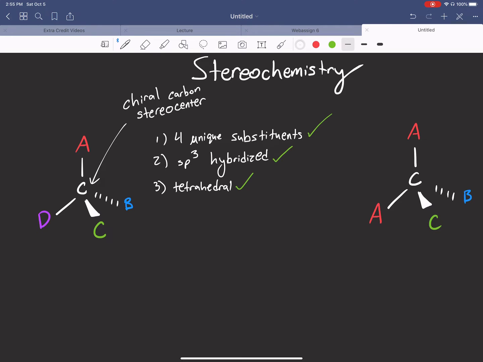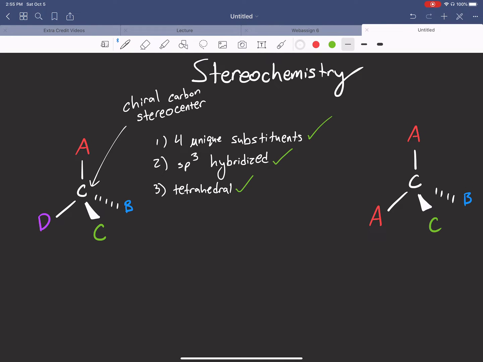Double bonds, the carbons there are sp2 hybridized, they're not tetrahedral, and therefore they don't have four unique substituents. Yet we can talk about double bonds in terms of stereocenters because a double bond is a stereocenter in terms of the whole idea with E and Z and trans and cis. All right. So I will talk about that in a later video. But yeah, so I just wanted to introduce that concept of a stereocenter really quickly.